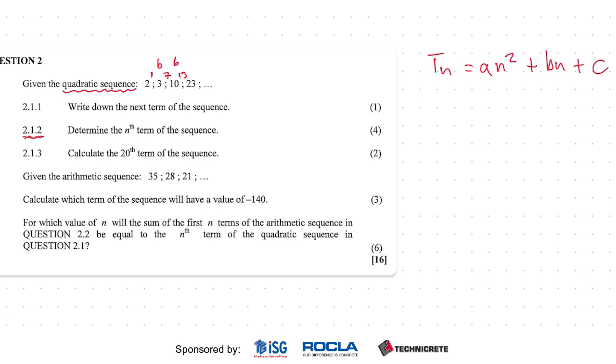Now we have enough to get a pattern. The difference between each number is changing by 6 each time. I hope you can see that. So that means for the next number, the difference will be 6 again. 13 plus 6 is 19. 23 plus 19 is 42.